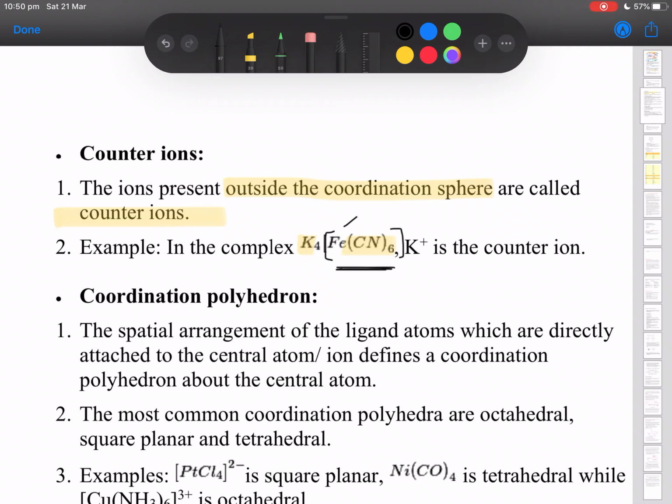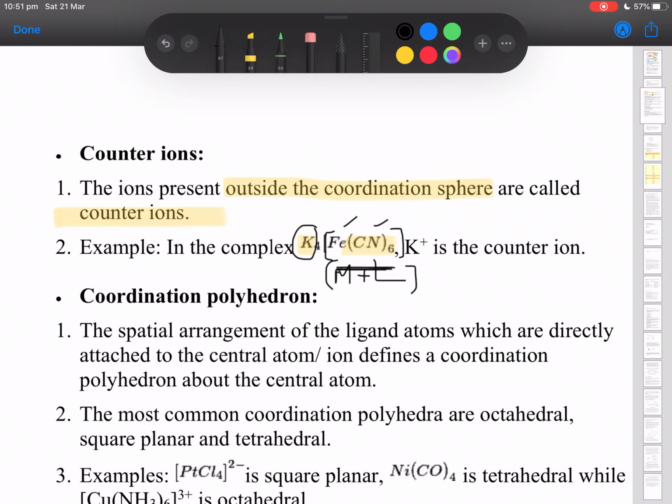Fe means iron, and CN is basically your cyanido. That name we will be learning. Cyanido is acting as a ligand. Iron is acting as a metal atom. So there is an association between metal and ligand within the square bracket, right? So what is written outside the square bracket?